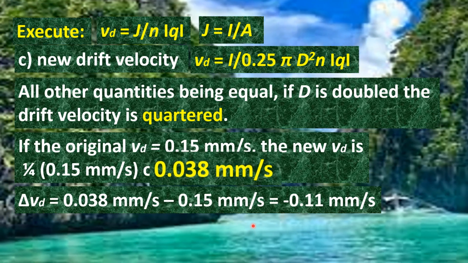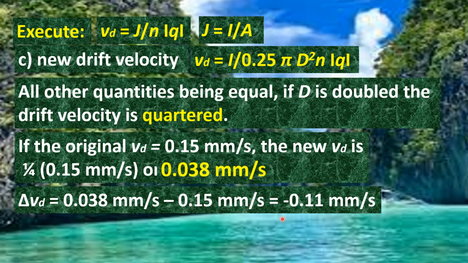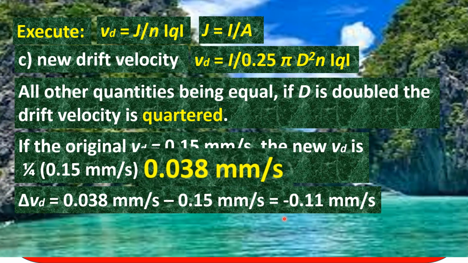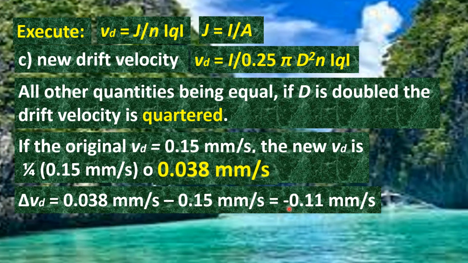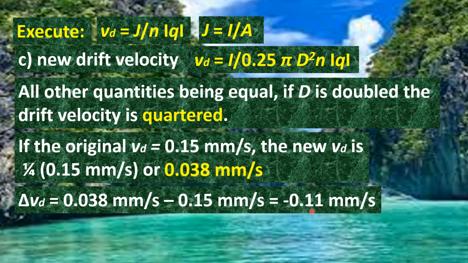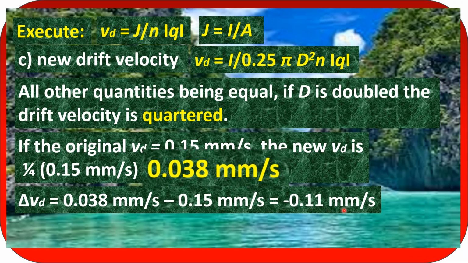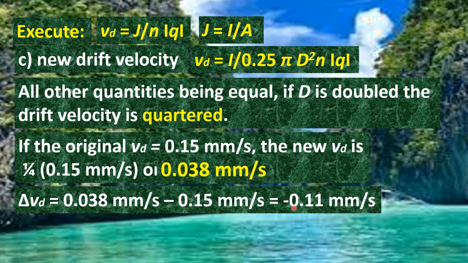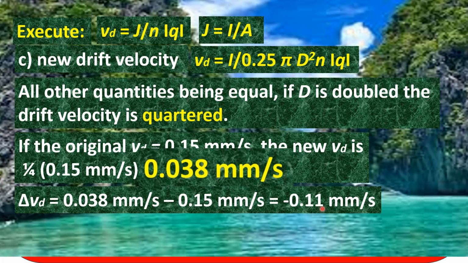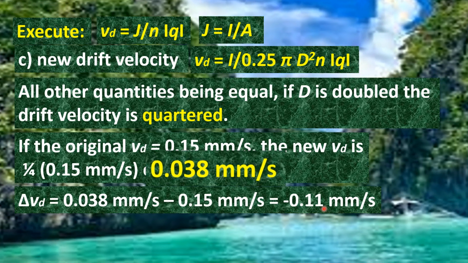We say that the delta V d, or that the drift velocity, has been decreased by as much as 0.11 millimeters per second. The negative sign supports the fact that there is a decrease in the drift velocity.